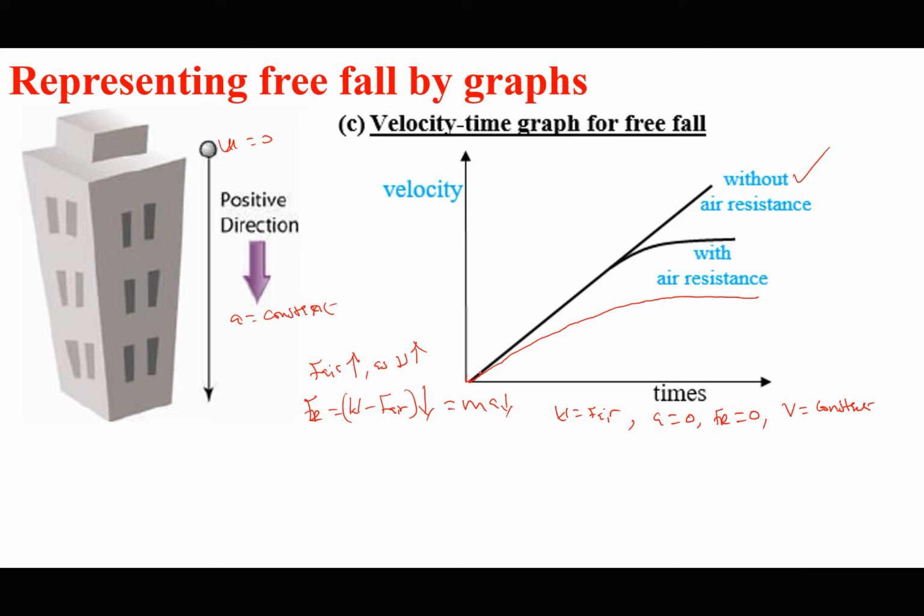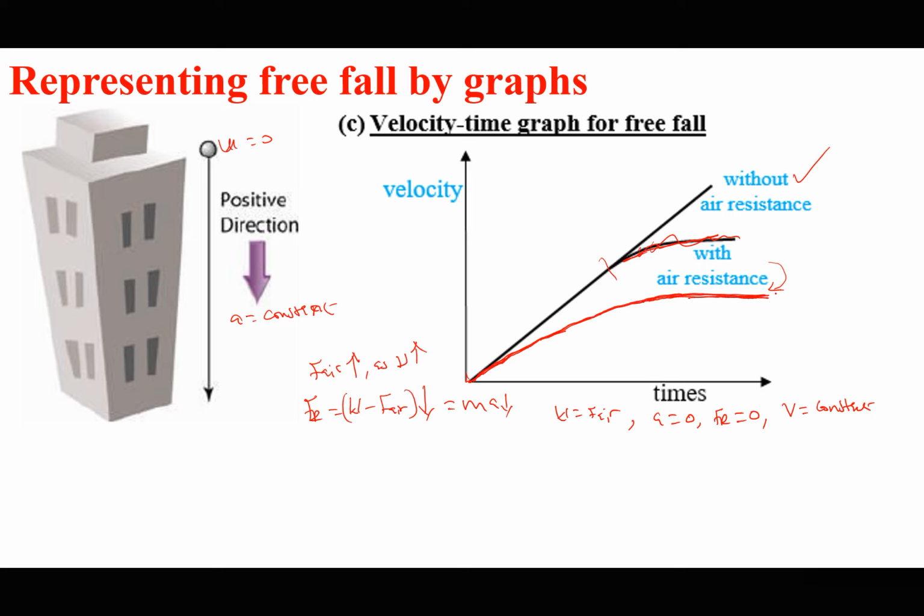So the best way to draw this would be a line below the other one, and then it becomes horizontal. That would be the best way to draw that rather than drawing this. So with air resistance, I'm taking this one as my correct graph. It should always be below the first one because the air resistance makes the maximum velocity to be less.